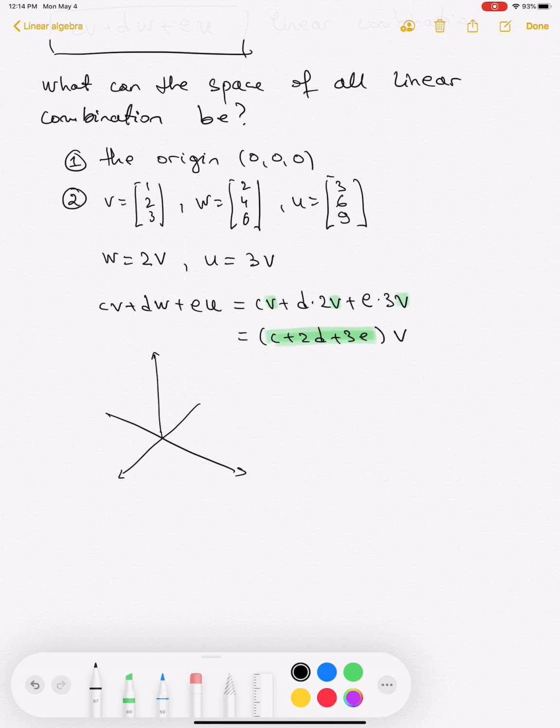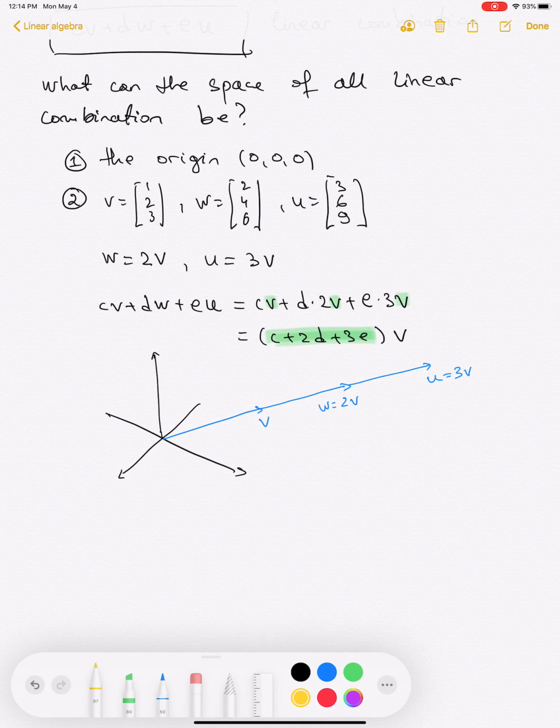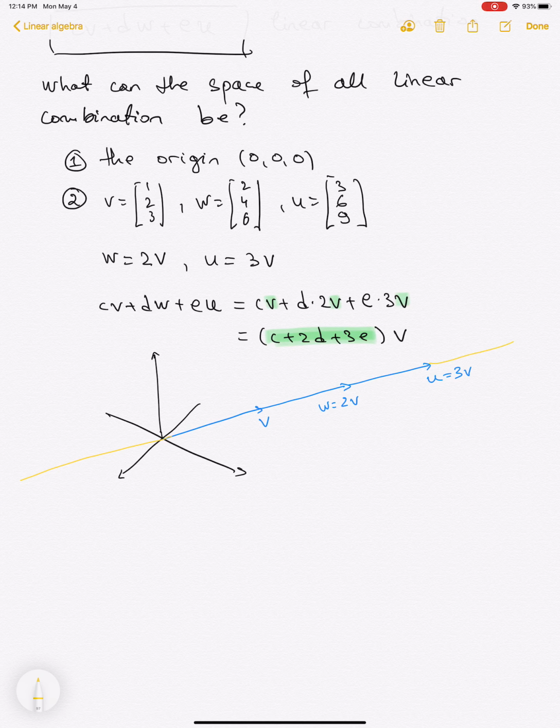You have some vector V, then W would be twice V, and U would be 3 times V. Then just like in the 2D case, no matter how you combine these three vectors, you're always going to stay on the line that passes through V. So it is possible to get a line, even though you have three vectors.